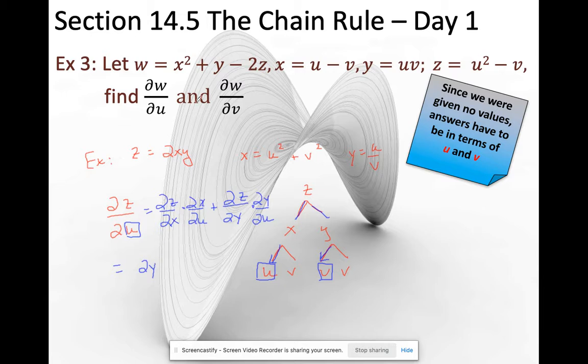So partial Z, partial X is 2y. I'm sorry, I was looking up here again. Partial Z, partial X is 2y, but partial X, partial U is 2u.